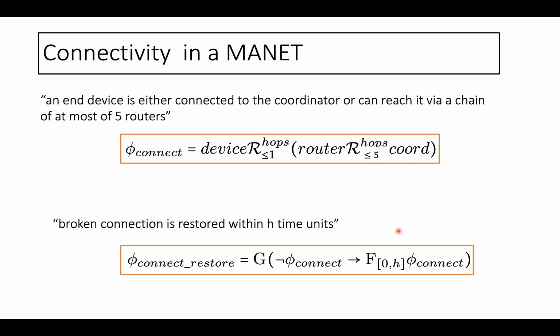So this is satisfied by a location that is a device and can reach a location that is a router, or can reach a coordinator in maximum 5 hops, where in each hop it should satisfy the router property.